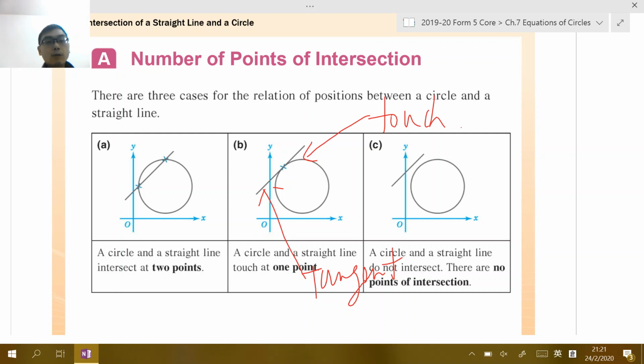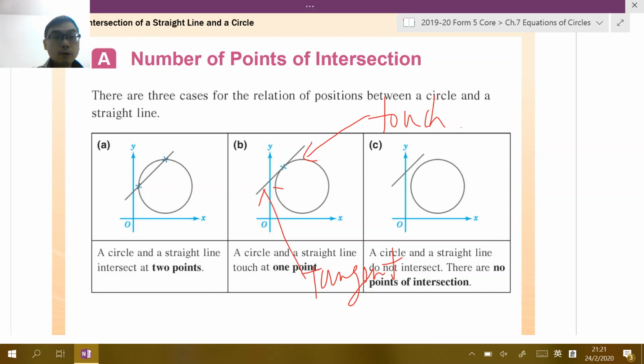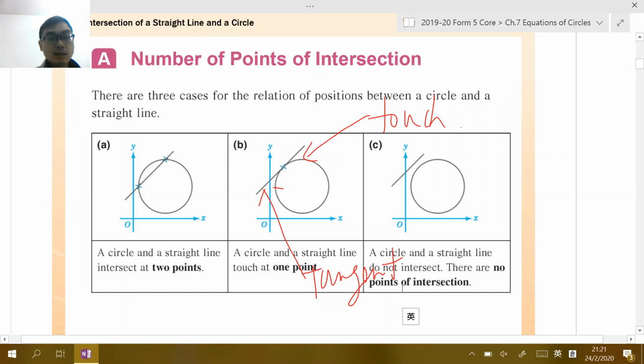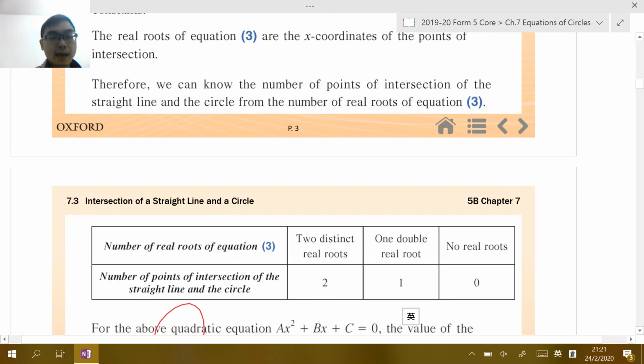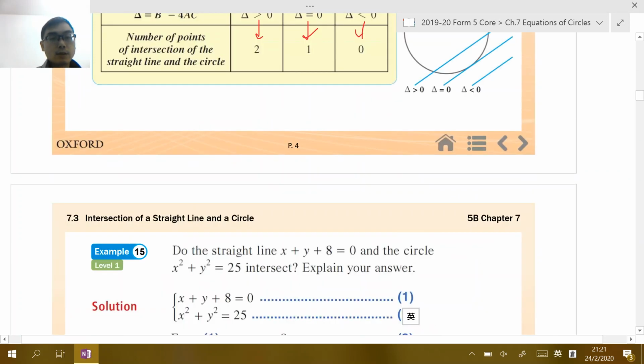I will talk about this more in the next clip, maybe the next supplementary clip using Cantonese. But this would also be one of the cases that you may have to consider.